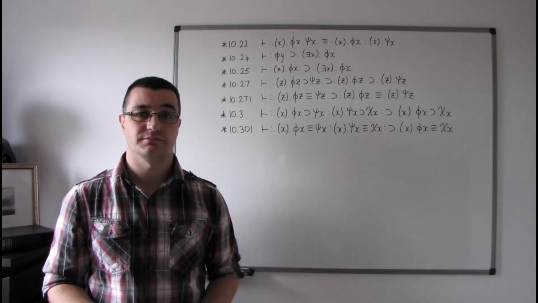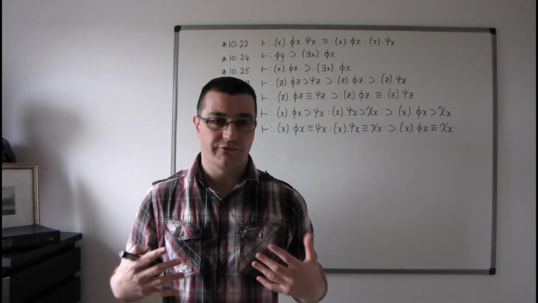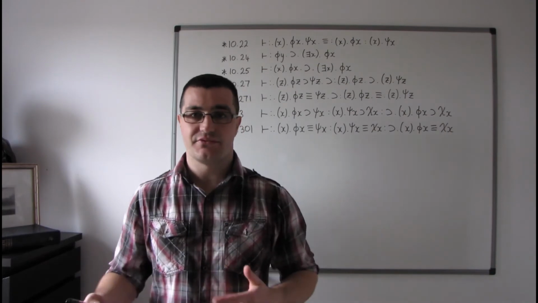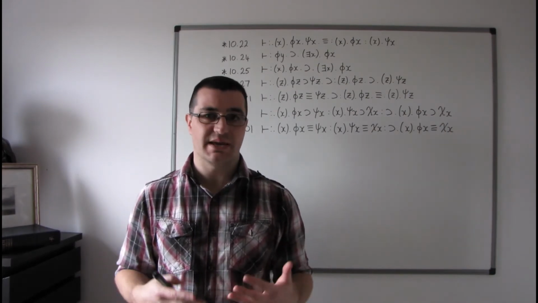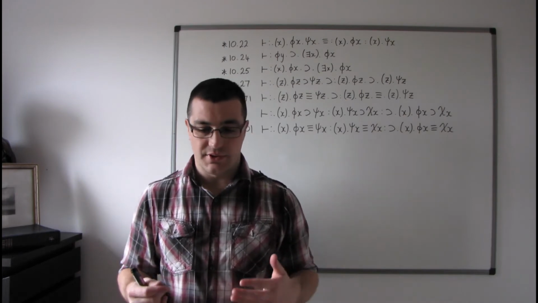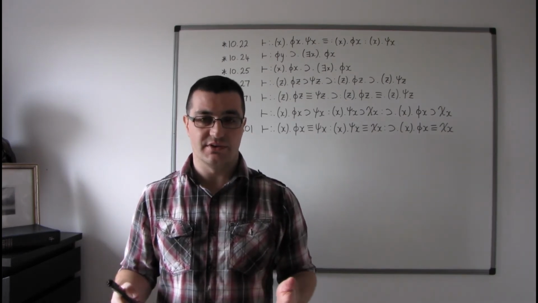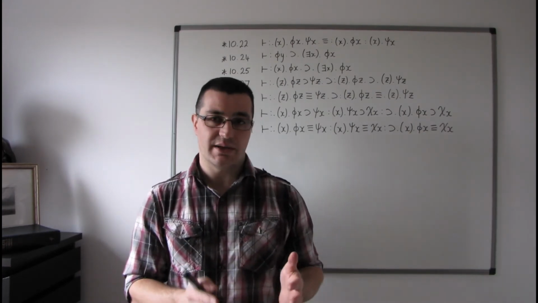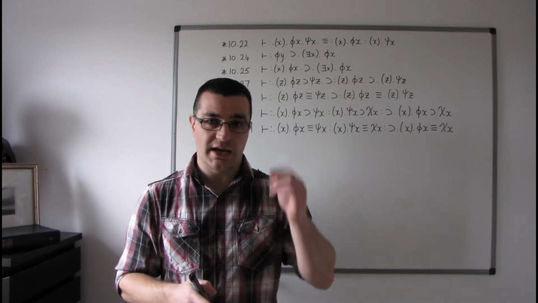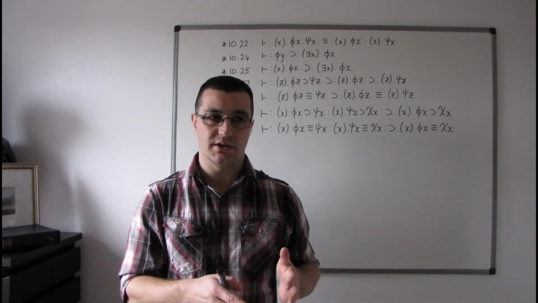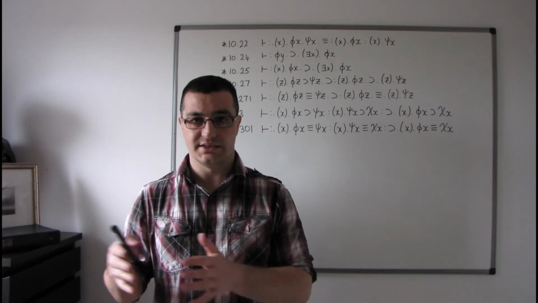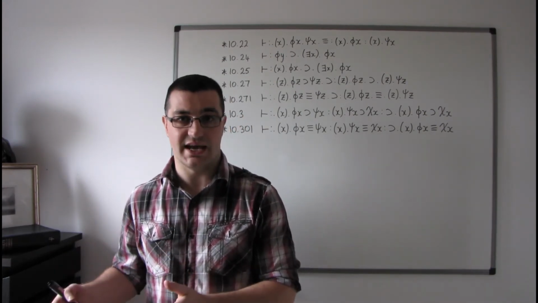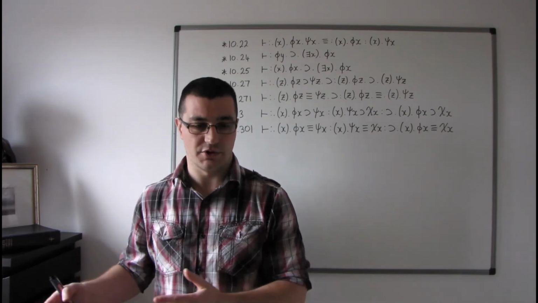As we go through section 10, there are a few instances of propositions being proved in two separate and different ways. We could take, for example, 10.23. There are two separate demonstrations given in section 10 for proposition 10.23. The first demonstration runs along the lines of the approach that we had in section 9, and the second demonstration runs along the lines of the approach that we have in section 10, so the alternative approach.